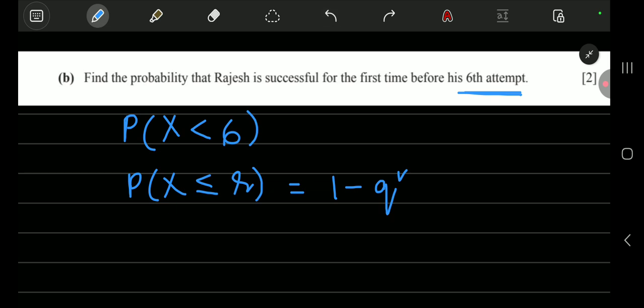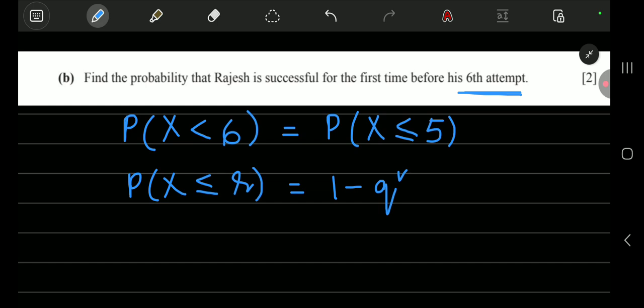So we can write this as the probability for x less than or equal to 5, as we know that less than 6 means 6 is not included, but all the other numbers less than 6 are included. So 5 or less than 5, all of those are included.